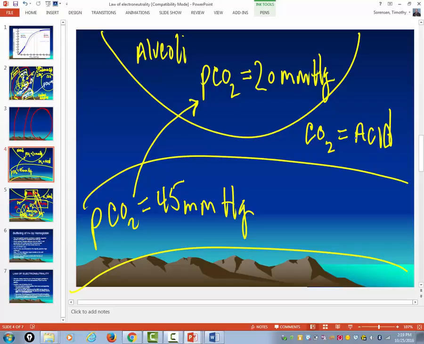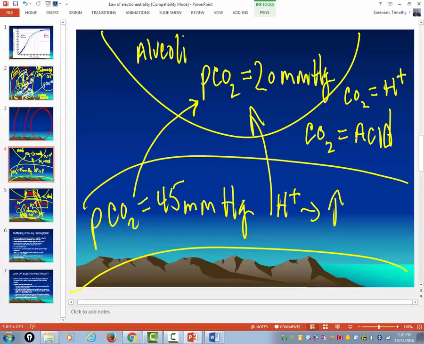So if you mentally picture CO2 equaling hydrogen ions, and you are getting rid of more CO2 than normal because you're hyperventilating, then you are getting rid of more hydrogen ions. That's going to lead to an increase in pH. So that will cause a respiratory alkalosis.